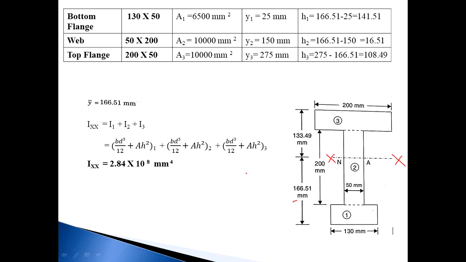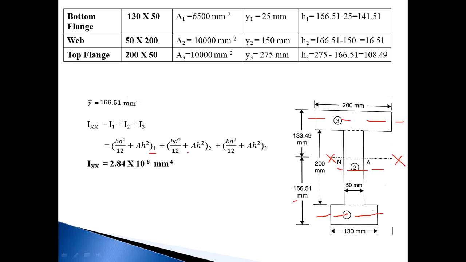So Ixx is equal to the moment of inertia for section number 1 plus the moment of inertia for section number 2 plus the moment of inertia for section number 3. But this is an unsymmetrical section, so the moment of inertia is different for all, meaning the center of the x-axis is different for all three sections. So I1 is BD cube by 12 plus A H square for section number 1.